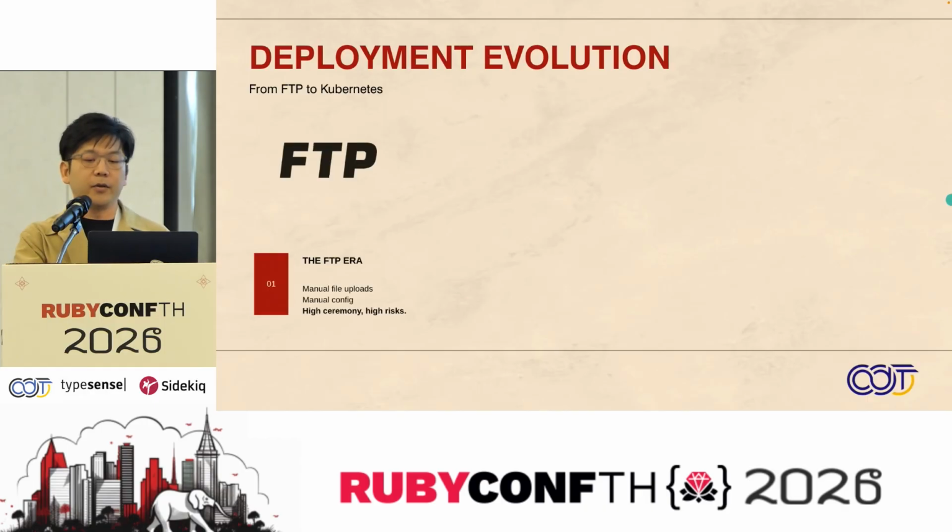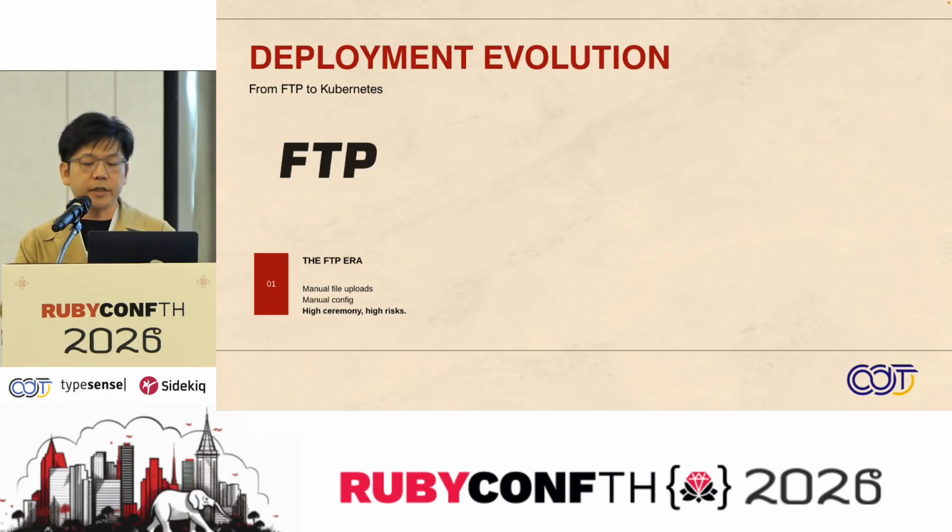You build your Rails app locally, then upload files manually to a server, either with FTP or SCP, or SSH into the box and git pull on production. Or you even edit the config directly on the server, tweak Nginx, restart Unicorn or Passenger by hand, maybe even edit code in Vim in production. Yeah, real men. It works, but it's high ceremony and high risk.